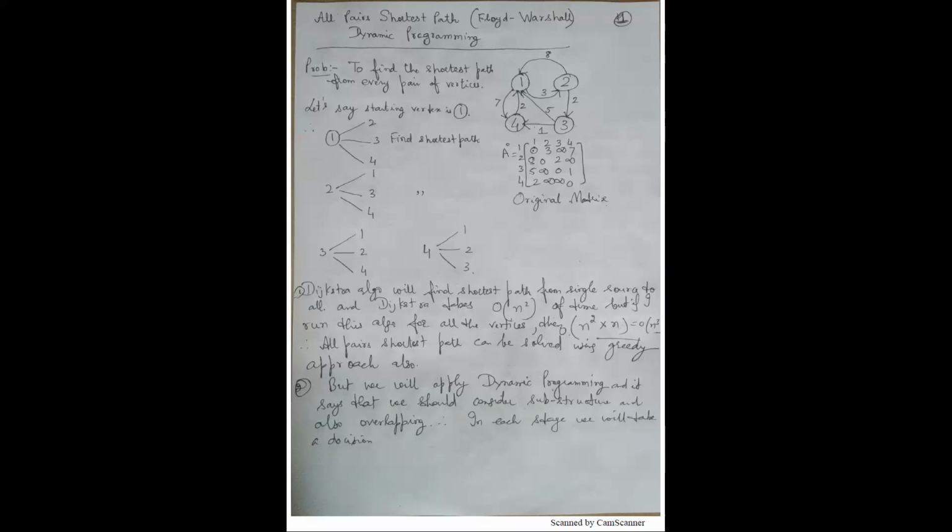It is only calculating the shortest path from one single source. But this algorithm is giving us the shortest path from all the vertices, considering all the pairs. I hope you have understood the algorithm, right?